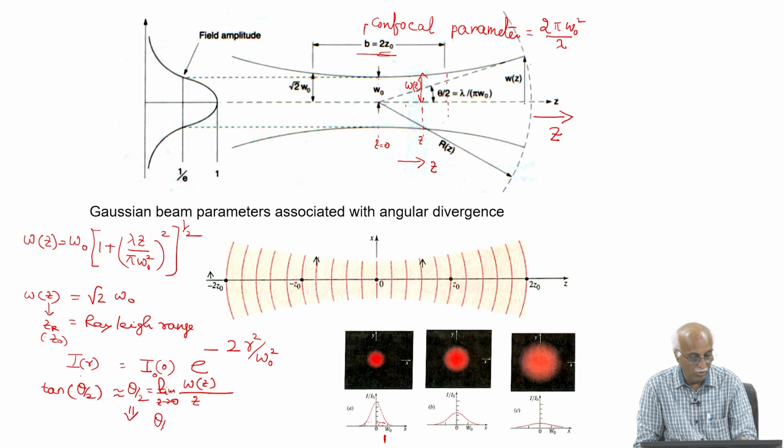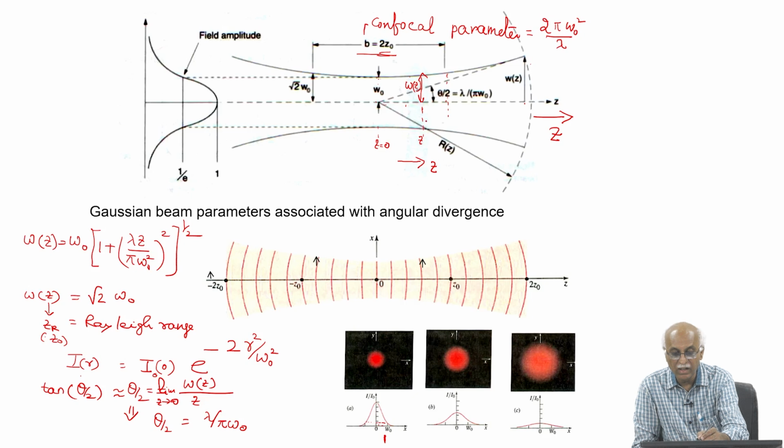Theta by 2 is lambda by pi w0, and the total divergence angle is 2 lambda by pi w0, correct.